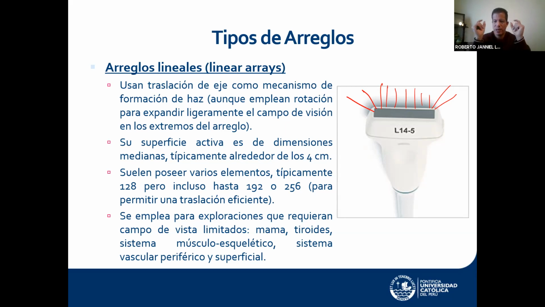You care about very high resolution, about the highest frequencies you can get, but you only want to look at things in a relatively small field in front of the transducer with a limited depth. So you use it for breast imaging, thyroid imaging, MSK, and superficial imaging, skin imaging for example, but that's usually how it goes.